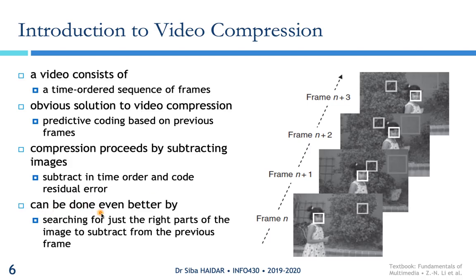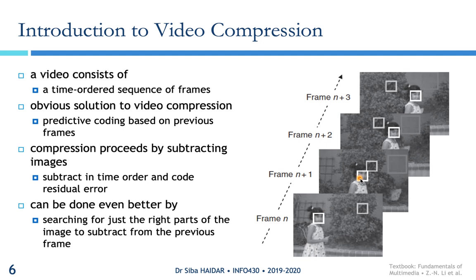So this can be done even better. How? By searching for the right parts of the image to subtract from the previous frame. So instead of working with the whole image and the whole next image, I can take parts from the image and search in the previous one where this white square, for example, best fits, and then I subtract these two subparts, or what we call sub-blocks or macroblocks, from each other.